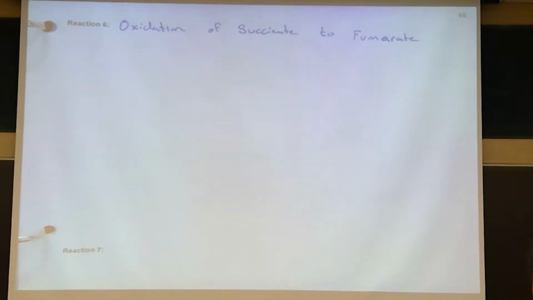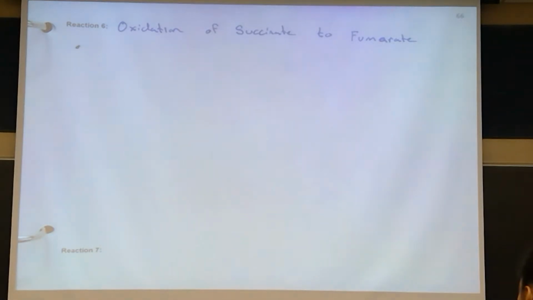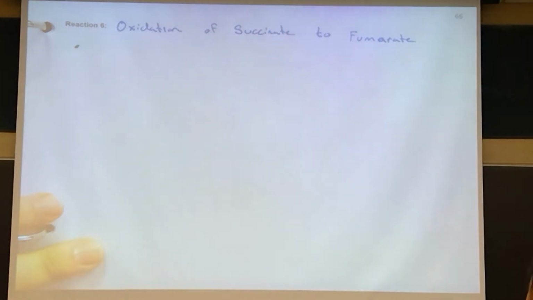The oxidation reaction of succinate is catalyzed by succinate dehydrogenase. That's what's going to be generated. Right, we're losing electrons, so we are going to generate NADH or FADH2.